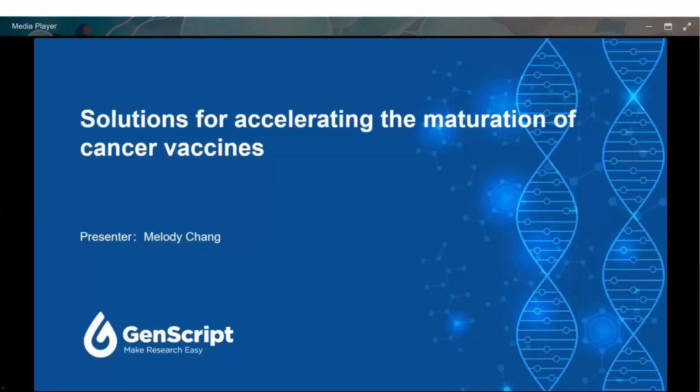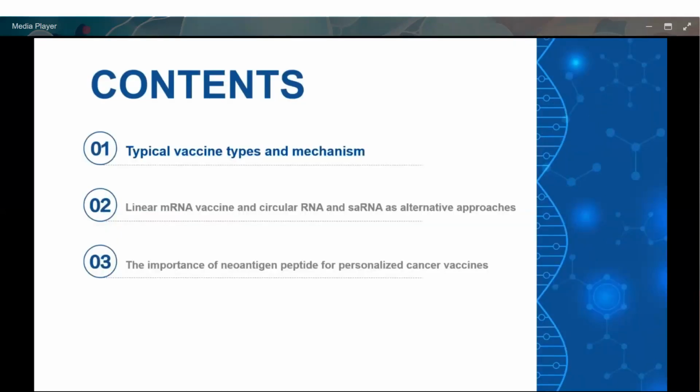Hello, everyone. Today, my topic is solutions for accelerating the maturation of cancer vaccine. There are three parts. First, I'm going to introduce the typical vaccine types and mechanism.